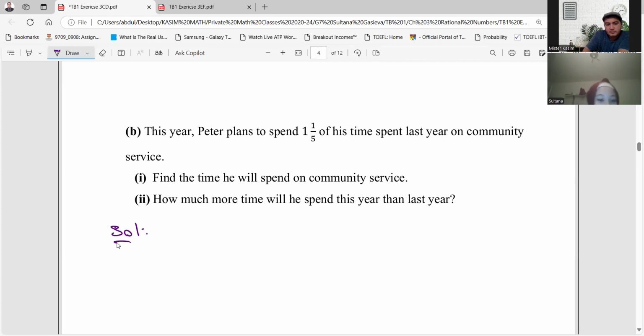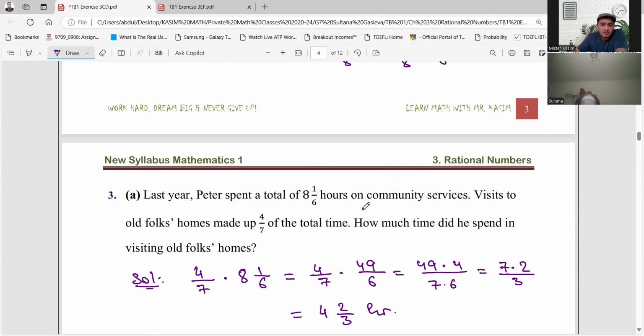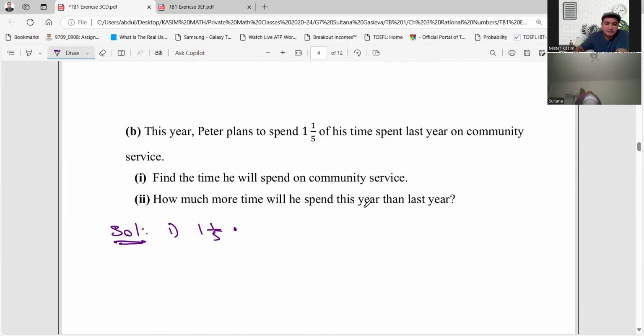So first we multiply, right? 1 and 1 over 5 of means times, of his time spent last year, 8 and 1 over 6.